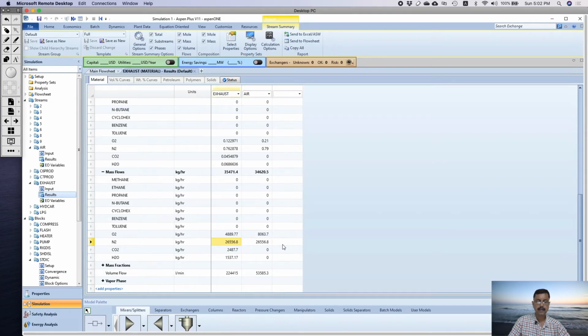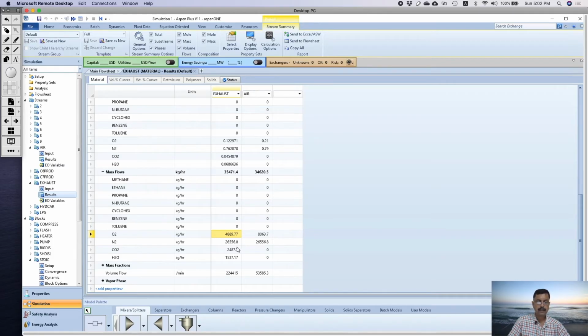Okay, it is an inert component. But oxygen you sent 8000 kg per hour, and unreacted is 4889.77 kg per hour. Rest of the oxygen has reacted.